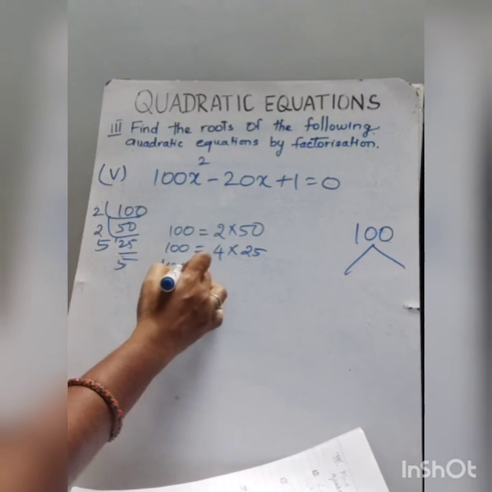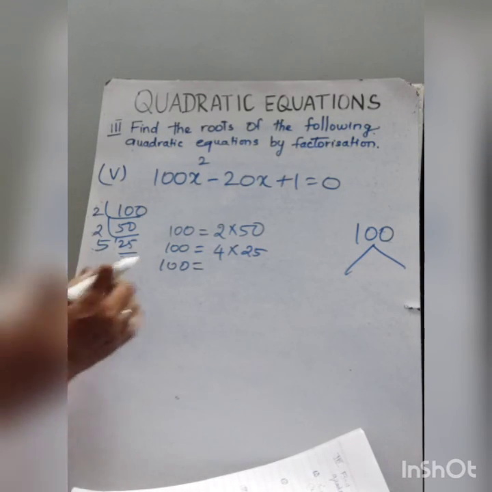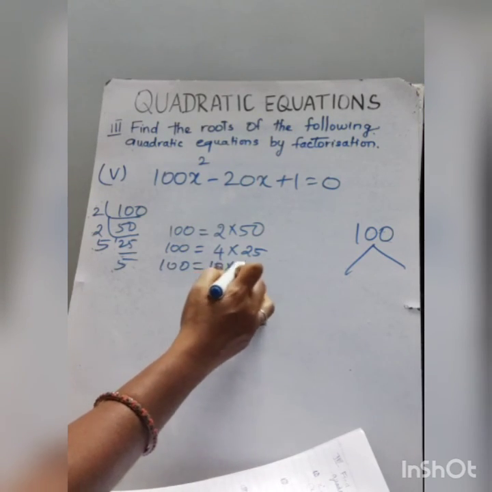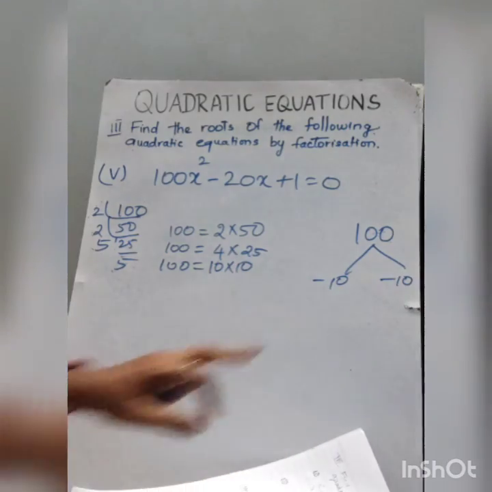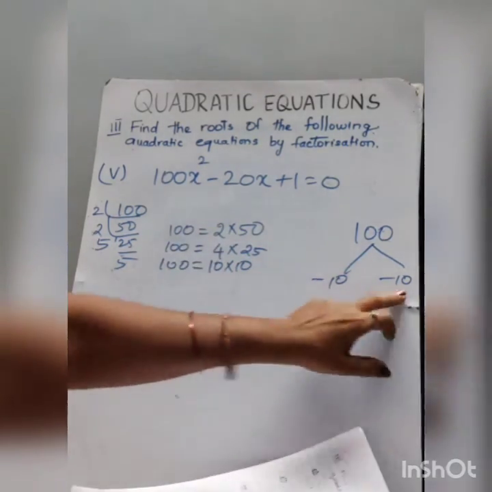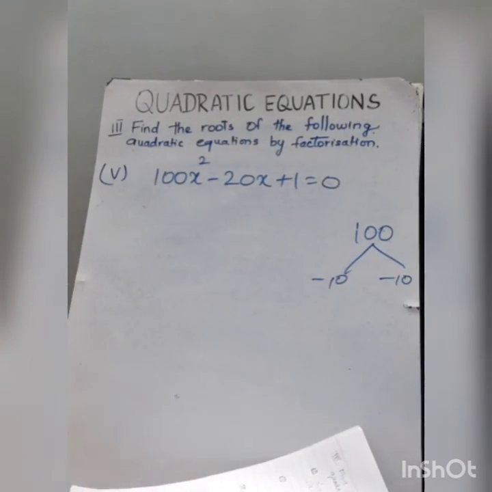And again 10 into 10 is also 100. So if I add minus 10 with minus 10, I will get minus 20, whose product will be 100. So this combination we can take.